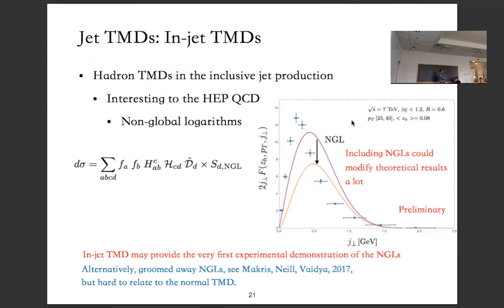He's just saying that I can go from these functions to the conventional TMD fragmentation function by identifying Q with PT times R. That's the initial condition. But actually your Q is what you measure, right?